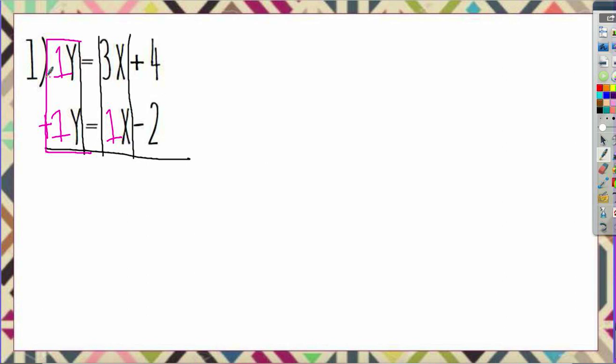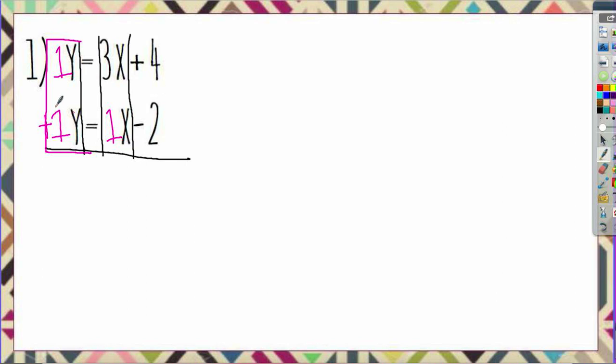I need to pick either the top or the bottom equation and make one of these y's have a -1 coefficient. Just because I feel like it, not because it's the only decision, I'm going to make the bottom equation have a -1 coefficient. In order to do that, to multiply a positive 1 by something to make it a -1, I'm going to have to multiply by a -1.